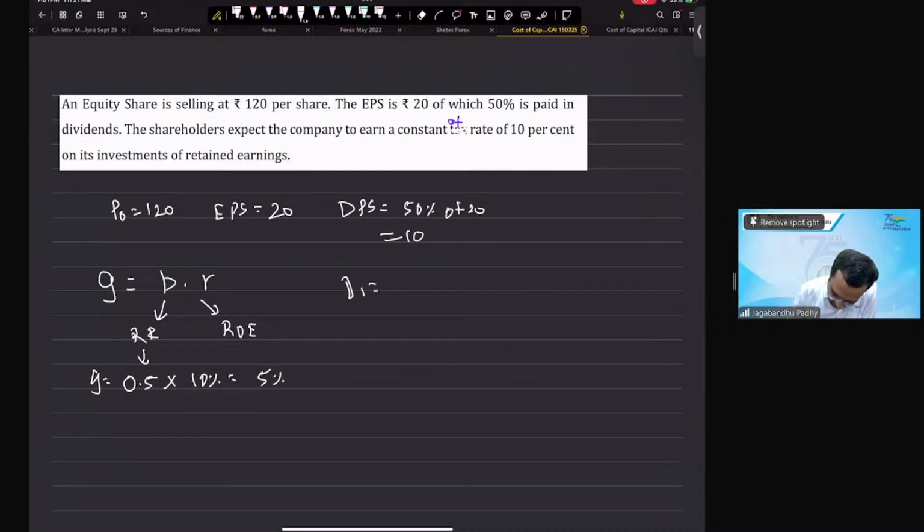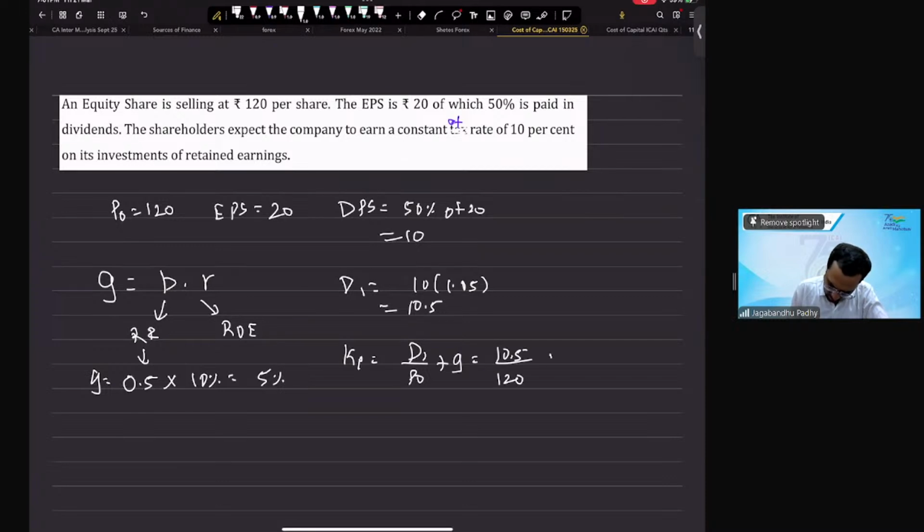So dividend for next year will be 10 into 1.05, because it's going to grow at 5% next year. That becomes 10.5, that's D1. Then cost of equity will be D1 upon P0 plus g. So D1 is 10.5 upon P0 which is 120, plus g which is 0.05. So how much is this?